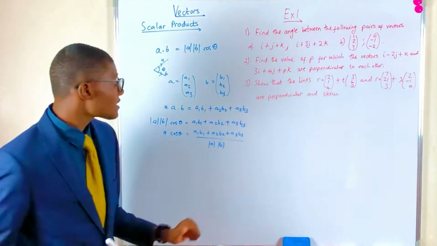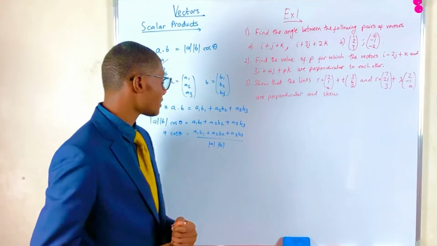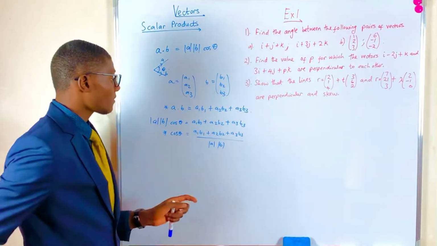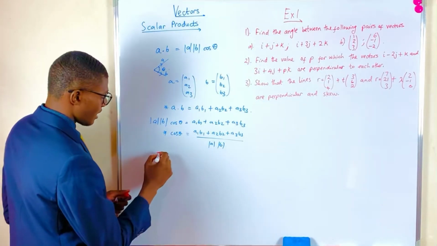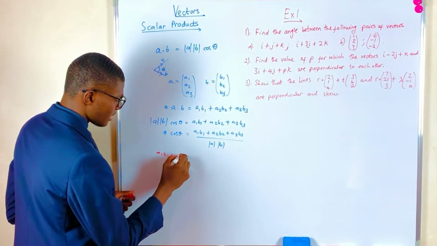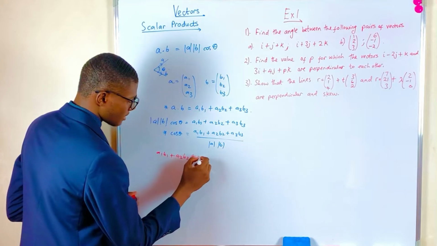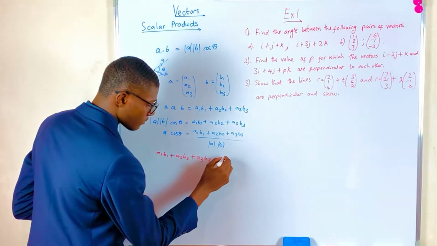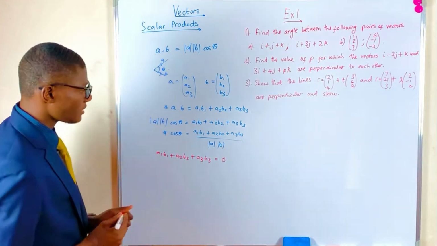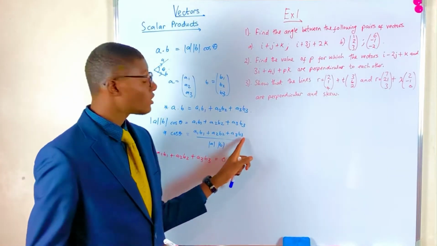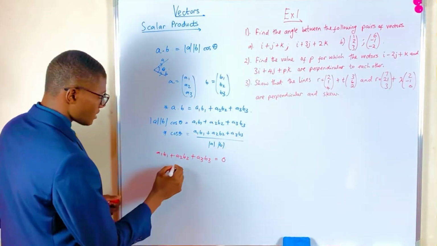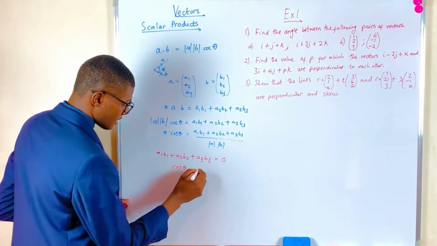And there's a special situation. When the scalar product A1 B1 plus A2 B2 plus A3 B3 is equal to 0, this definitely means that cos theta is equal to 0.